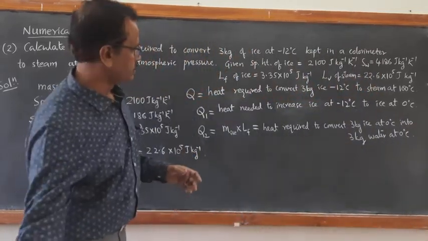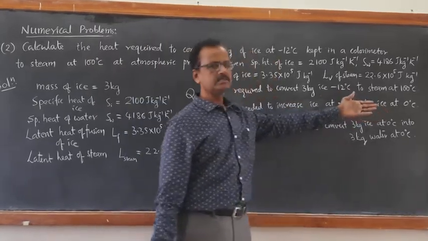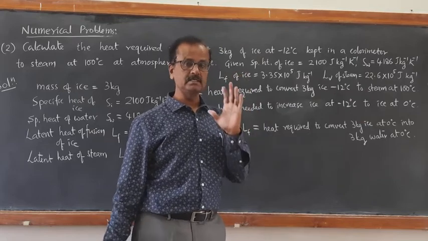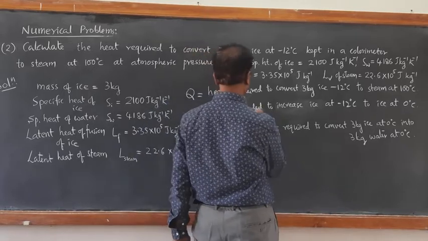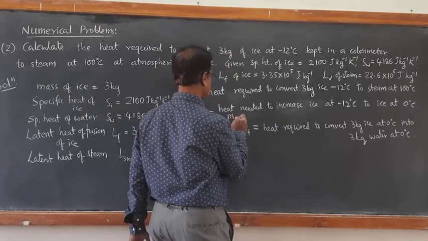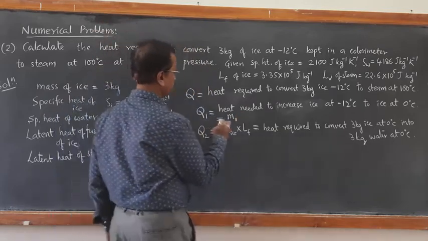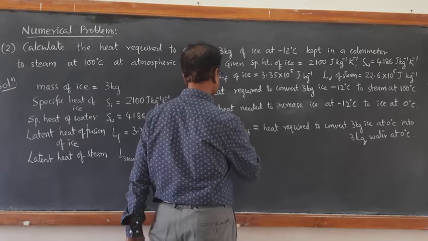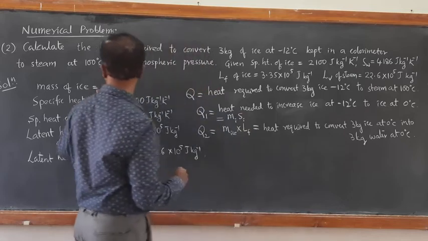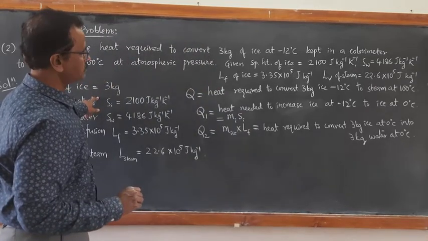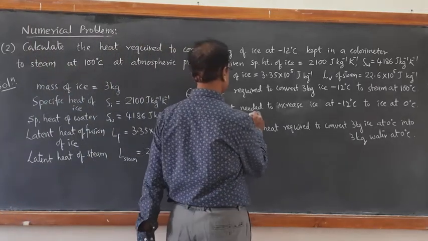Here, initially the ice is at minus 12 degrees Celsius. It has to be increased to 0 degrees Celsius first. Still it is in the solid state. So this Q1 is calculated as mass of ice, we'll take it as Mi, into specific heat of ice, which is given here as 2100, into the change of temperature.